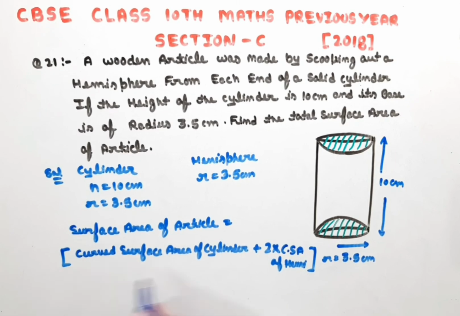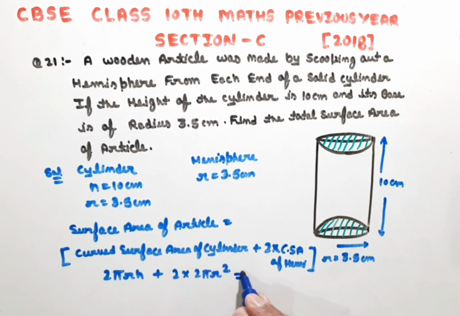Now we know that curved surface area of cylinder is given by 2 pi r h and curved surface area of hemisphere is given by 2 pi r square. So from here, 2 pi r is common, so 2 pi r into h plus 2r.